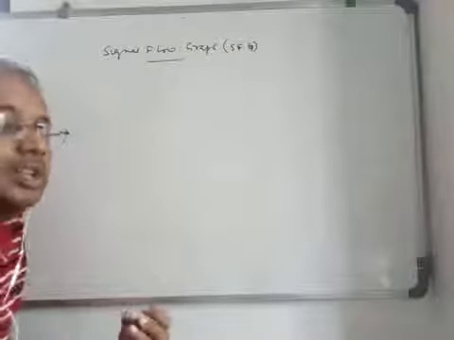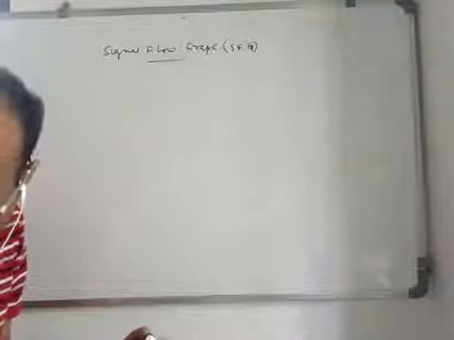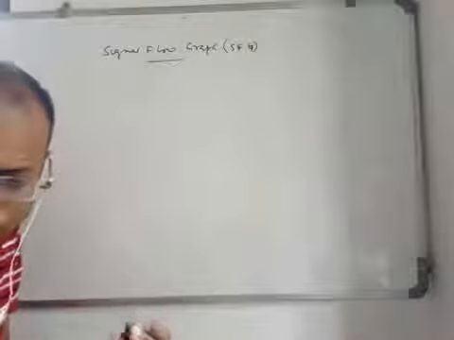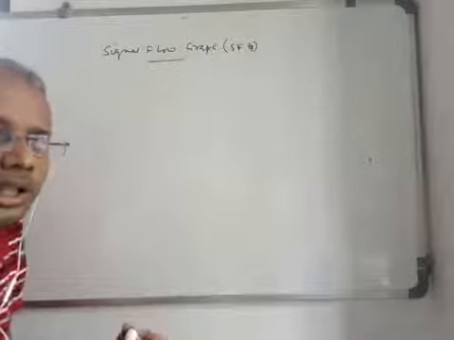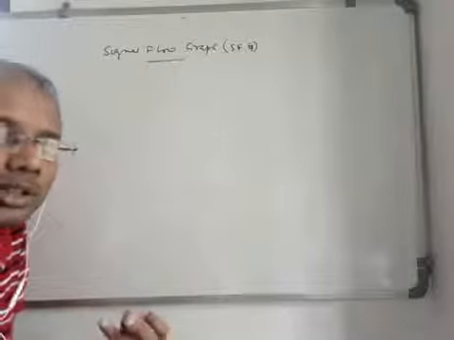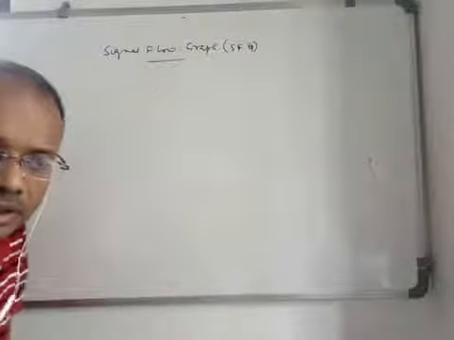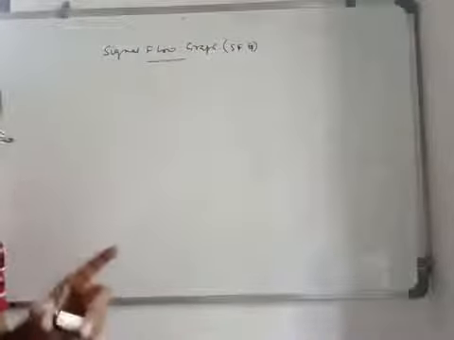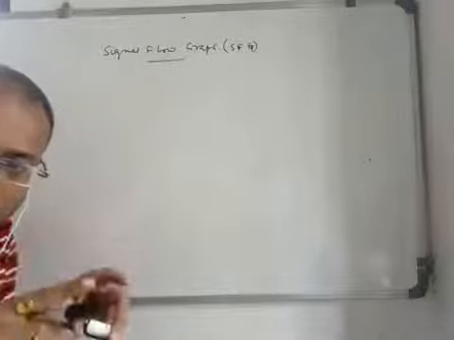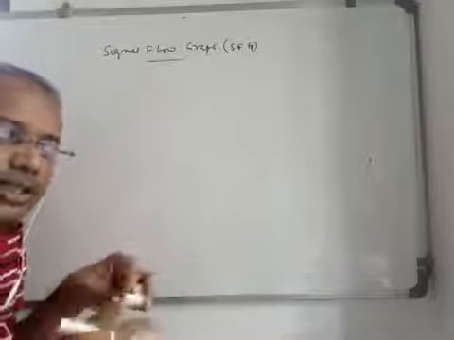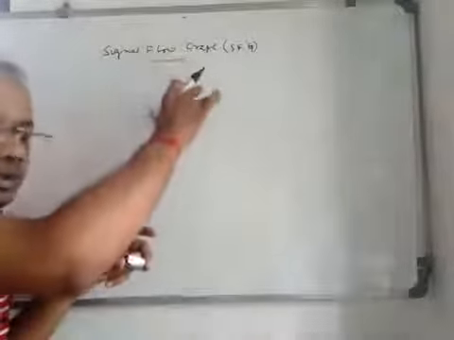So the basic definition of the signal flow graph is that to represent the system we can use several algebraic equations. Once the algebraic equations are given, that means there are certain coefficients, and there is a set of variables, and the relationship between this set of variables of the algebraic equations is described by a graph.